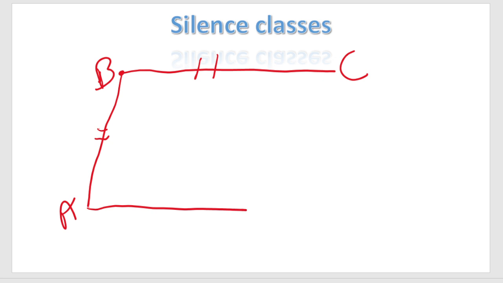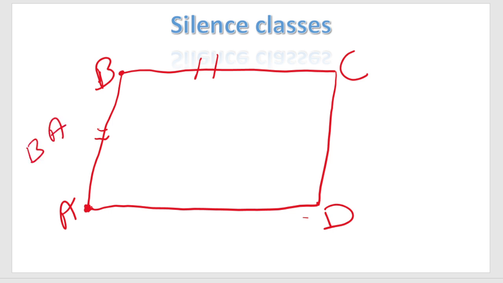If I draw like this, it is also A, B, C and D. AD and BA are adjacent sides. Okay, you can check it out. BA and AC, or you can say CA.